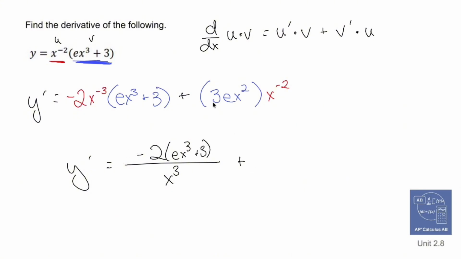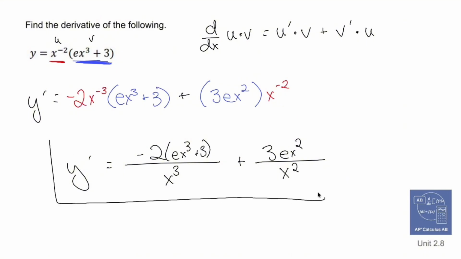I'm going to add, I'm going to keep that up top, 3x squared in the numerator, move x to the negative 2 to the bottom, and I'm going to answer it that way because it looks a little bit nicer. I'm not going to bother trying to combine fractions because I don't want to. These are my videos and I'm sticking with that. So, I don't know. You might see this as an acceptable answer. That just looks a little bit better, so I'm sticking with that.